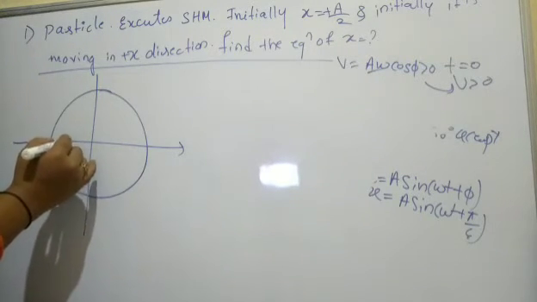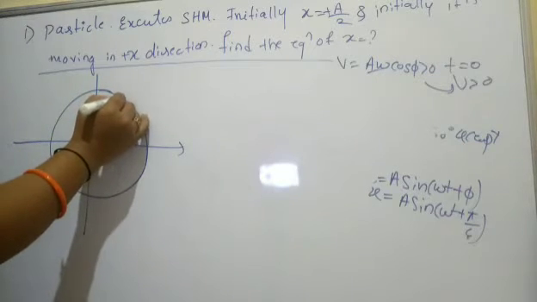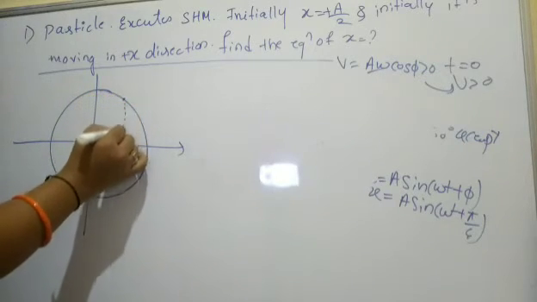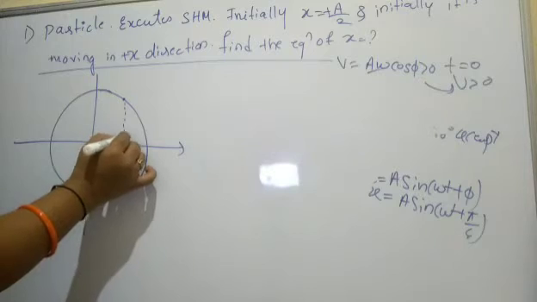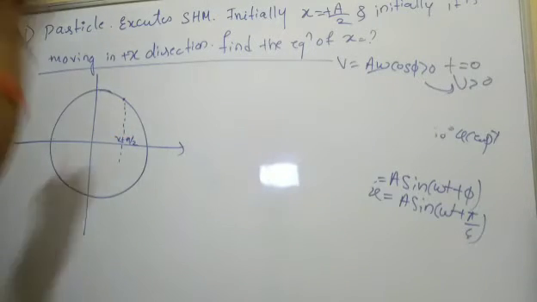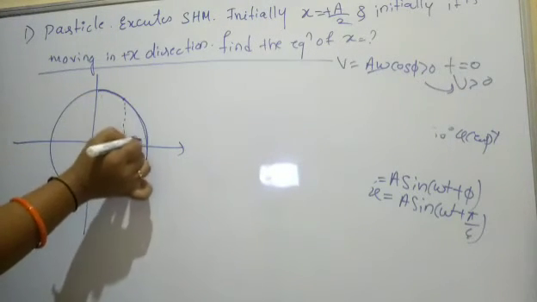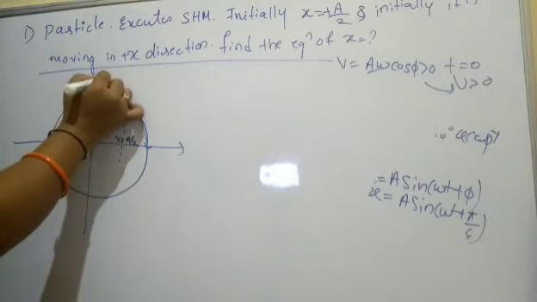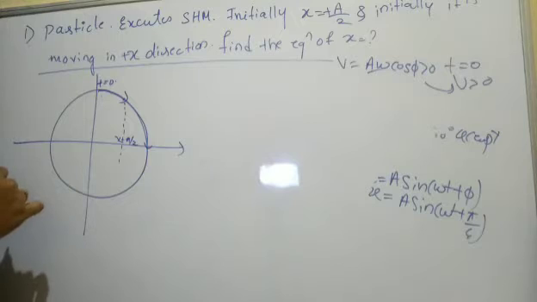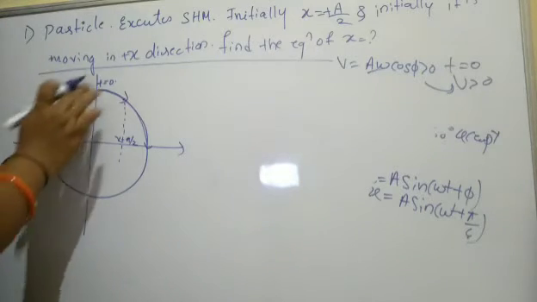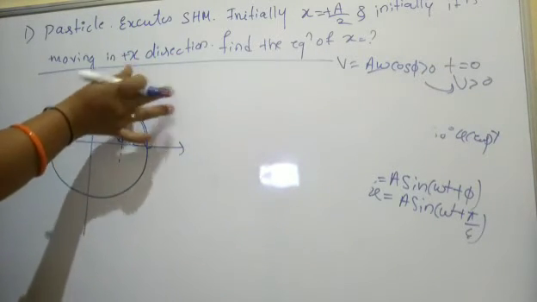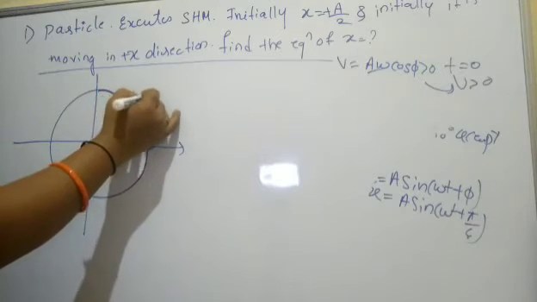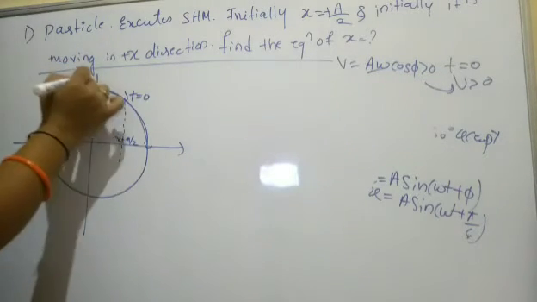Now the particle is at this position, where x is equal to a by 2. It is in the positive direction, clockwise direction. At t is equal to 0, the particle is here, where x is equal to 0.